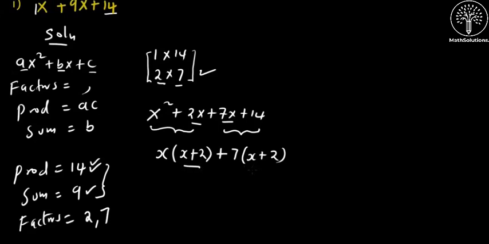So x plus 2 is a common factor, we factor it out, we have x plus 2 into x plus 7, and therefore x plus 2 and x plus 7 are the factors of the expression x squared plus 9x plus 14.